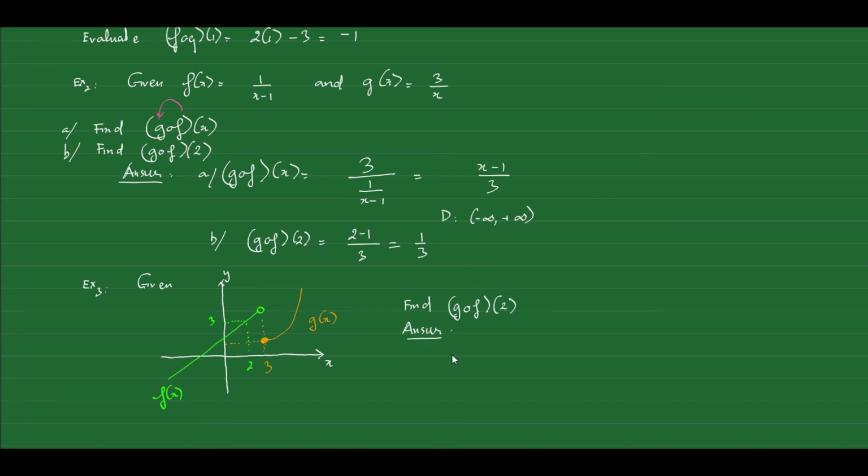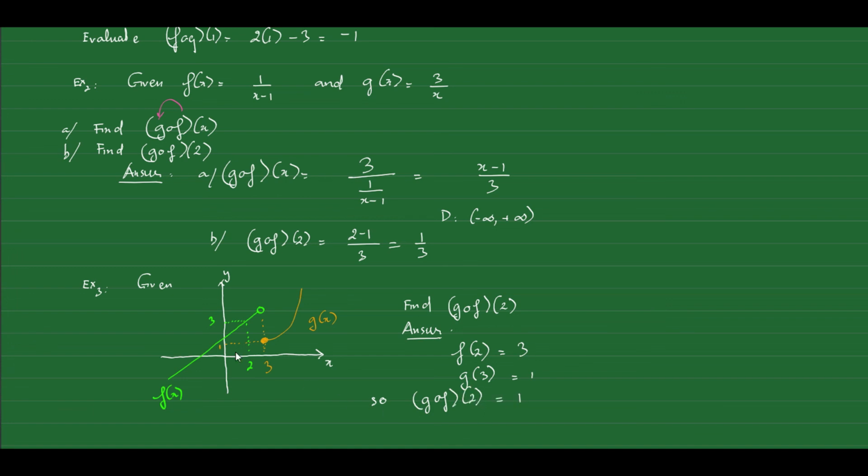So f of 2, by observation, we know f of 2 gives you 3. Then we find g of 3. g of 3 gives you 1. So g of f of 2 gives you 1.